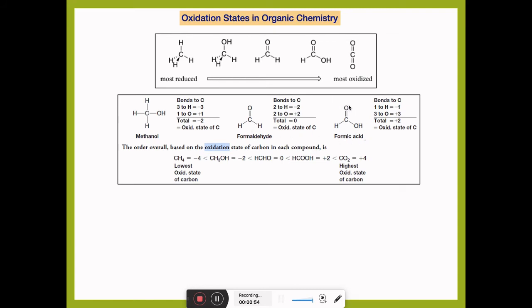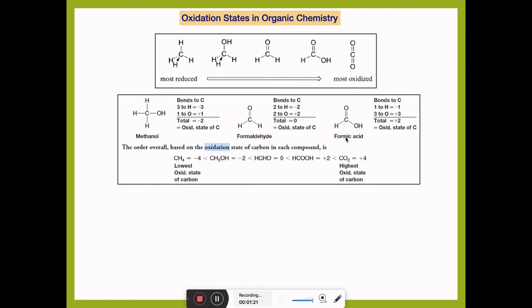Let us see the third example, formic acid. We have only one hydrogen, so it will contribute a minus 1 charge, and we have one oxygen in hydroxyl form and another one is carbonyl. So in total it will be 3 oxygens which will contribute plus 3 charge, and minus 1 and plus 3 gives a total charge of plus 2 on carbon.